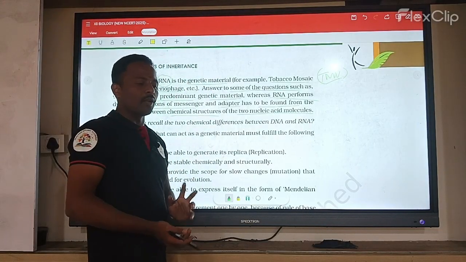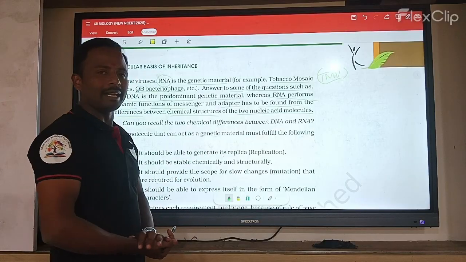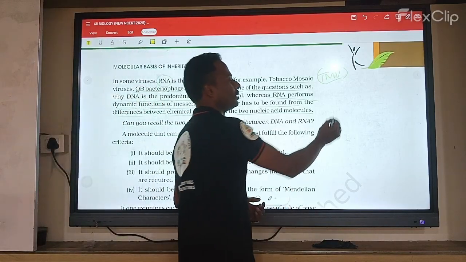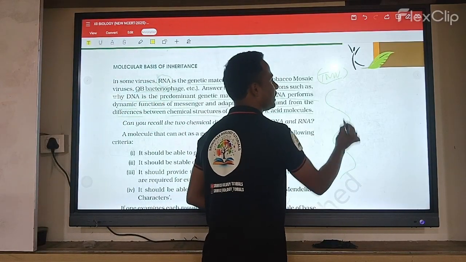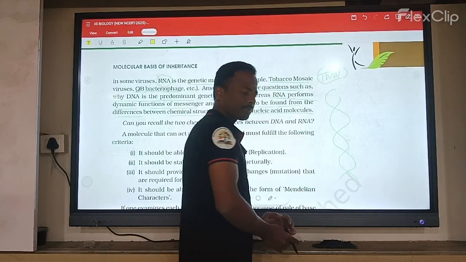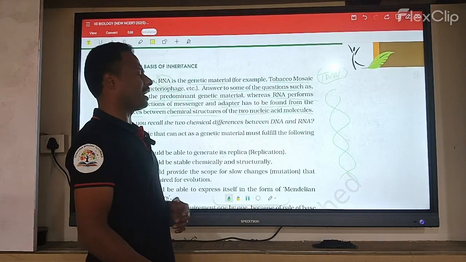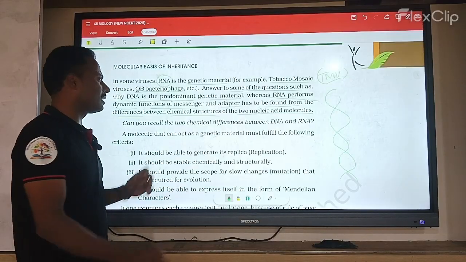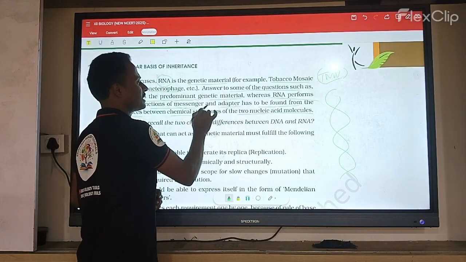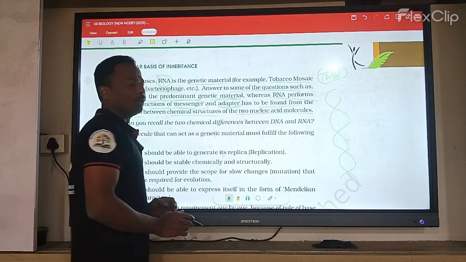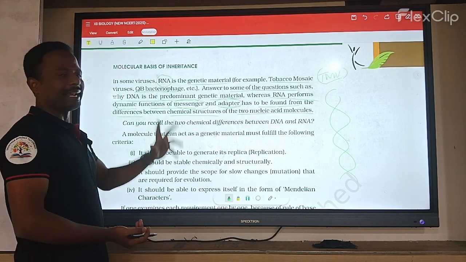Mostly, the genetic material is DNA, which is the most predominant genetic material, and RNA acts like a messenger molecule and adapter molecule. It can also act as a catalyst.